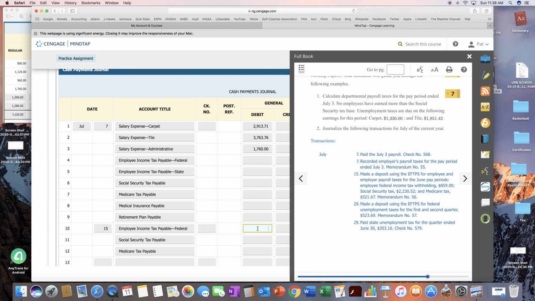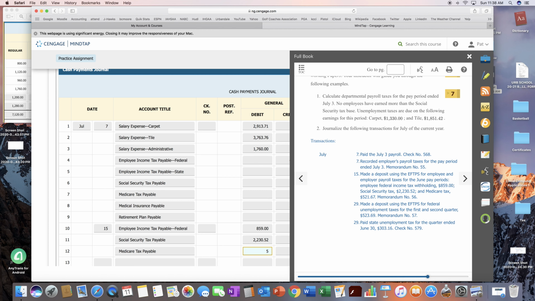We're recording and paying these off. We already recorded them in the general journal last chapter, or previously. We just didn't show it, but it's already been previously recorded. So we've already credited these payables in the general journal. Now we're paying them off, so we have to get them off our liability. It's a bill that we have to pay.